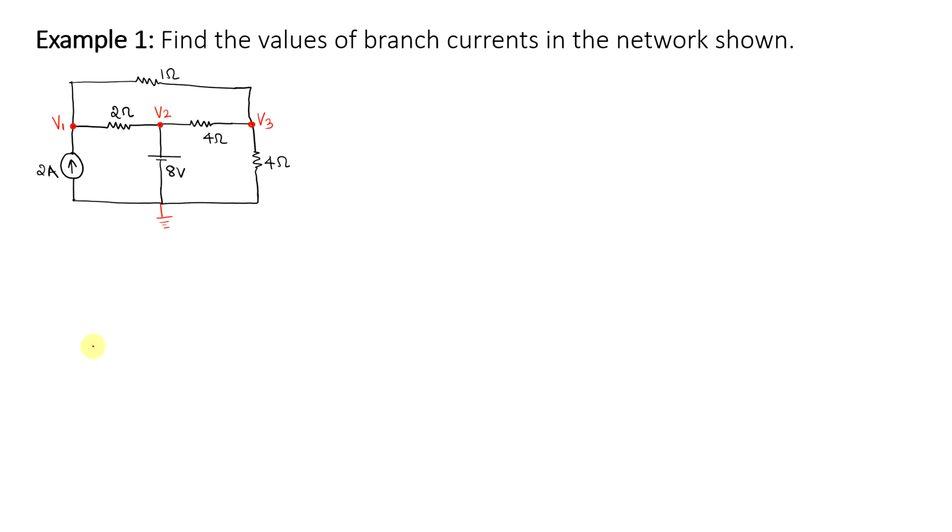So let's first find out how many nodal equations are required. The number of nodes that we have is equal to 4. The number of nodal equations is equal to the number of nodes minus 1, that is 4 minus 1, which is equal to 3.